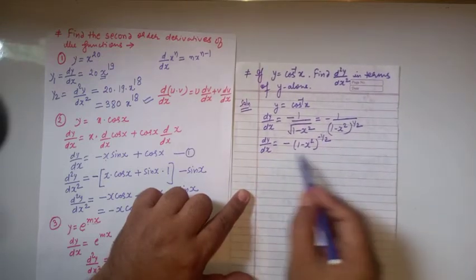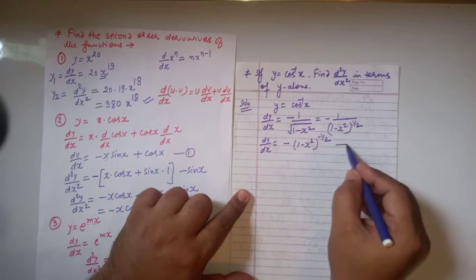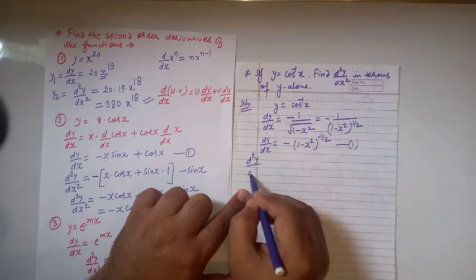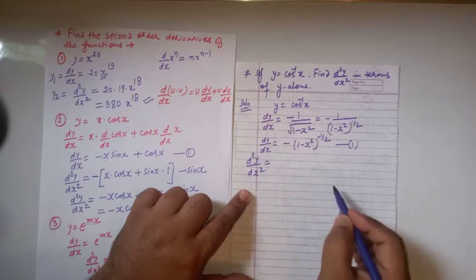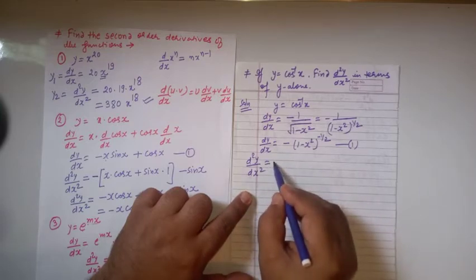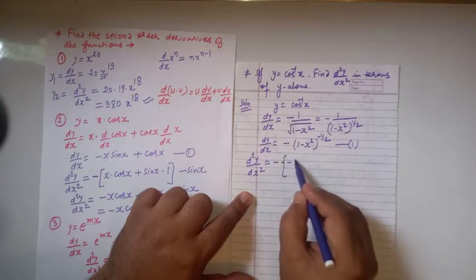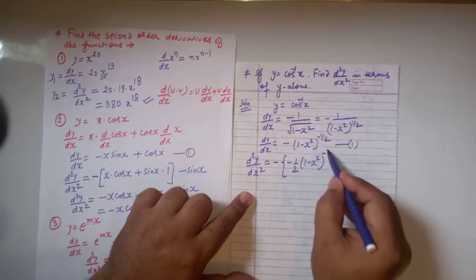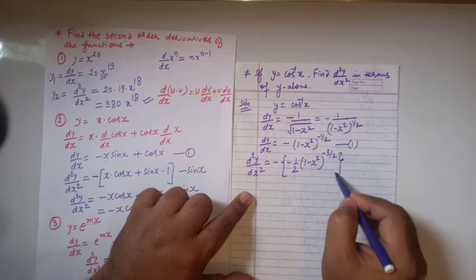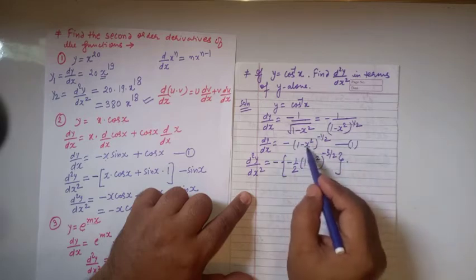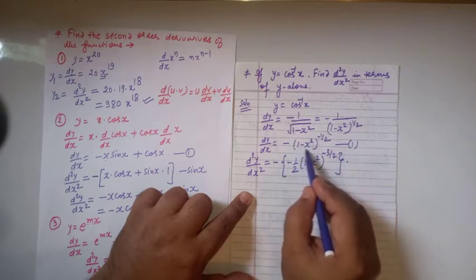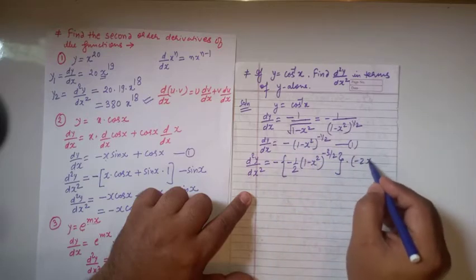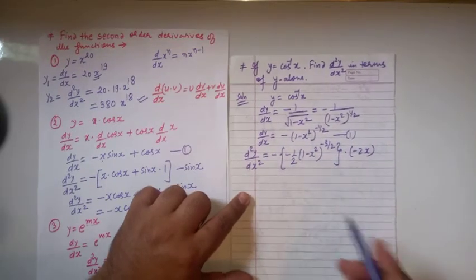Now viewers, let us once again differentiate both sides. So we have d2y over dx2, and we have minus, and here we have minus half, (1 minus x square) raised to minus 3 by 2, and then by chain rule we'll differentiate 1 minus x square, which is minus 2x, right?